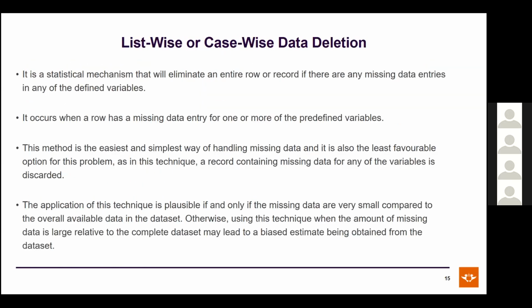So that's listwise or case-wise data deletion, which we all agree is not the most favorable approach to use. Basically, you're saying if there's missing data in a row, discard or delete that row. So you see, it already reduces your sample size. It reduces the information you have to work with and process.